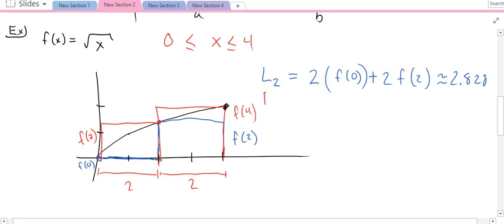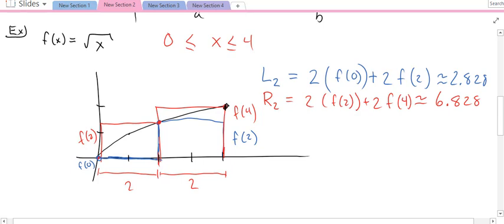Here we would use some notation like R2, meaning right endpoints, and we'd have 2 times f of 2 plus 2 times f of 4. And if we were to do that here, we get 6.828 as our approximation.